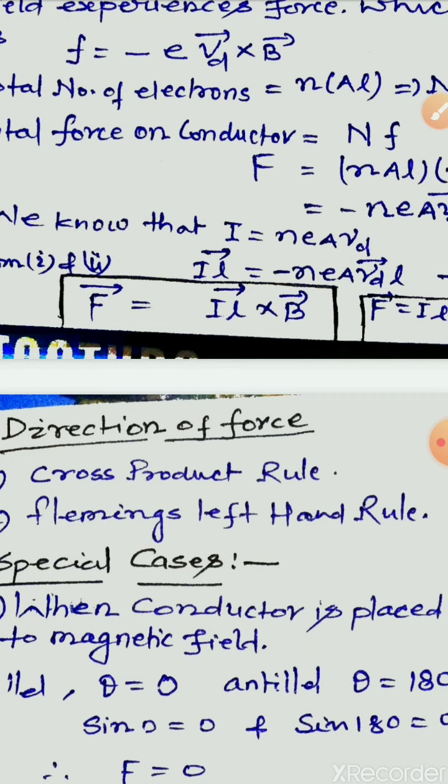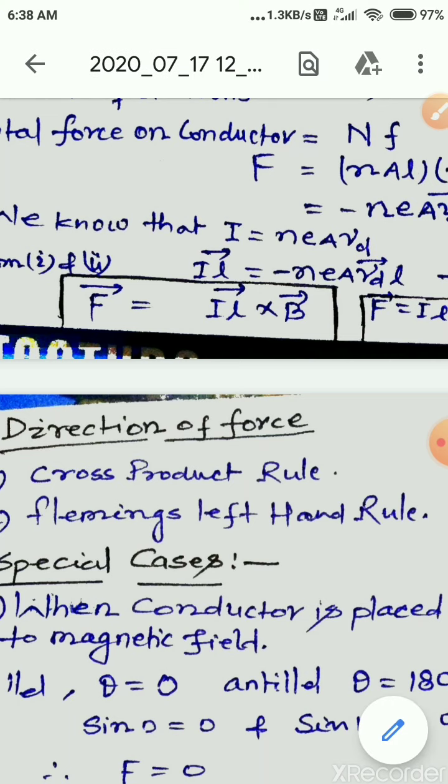Now keep the first finger in the direction of magnetic field, second finger in the direction of current flowing in the conductor, then the thumb will give you the direction of force acting on the current carrying conductor. We can apply this rule in the above situation and find out the direction of magnetic force.